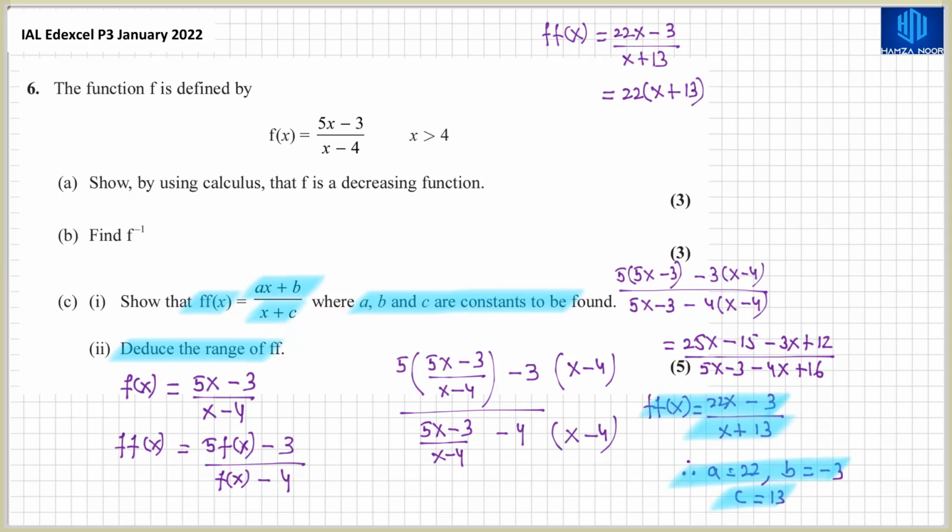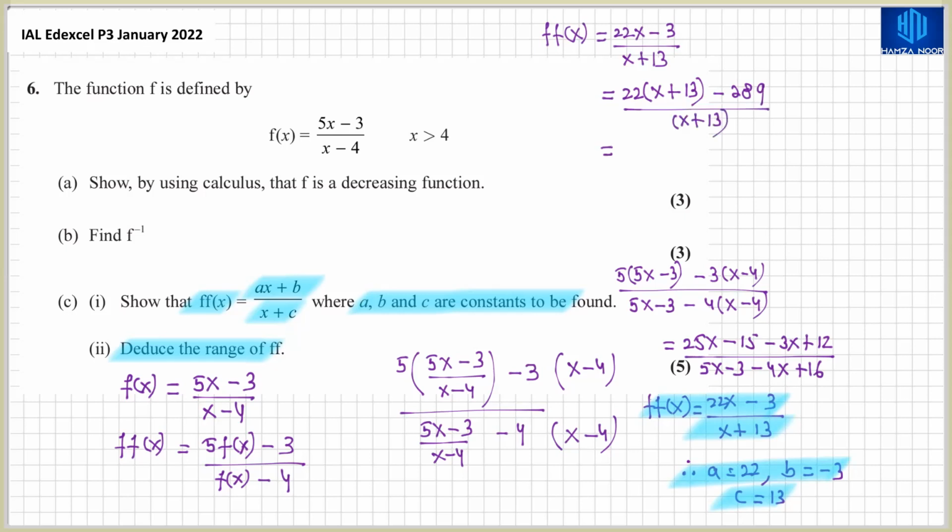When 22 is multiplied by x plus 13, you get 22x plus 286, but you need minus 3 in the numerator after 22x. You do not need 286, so you need to subtract 289 in the numerator, and then it is divided by x plus 13.